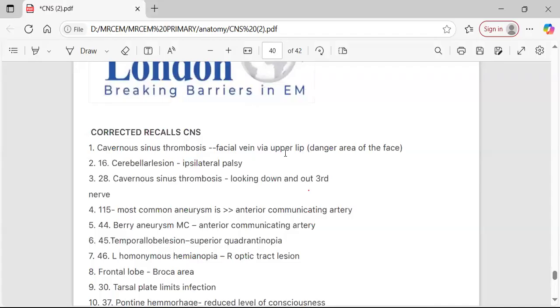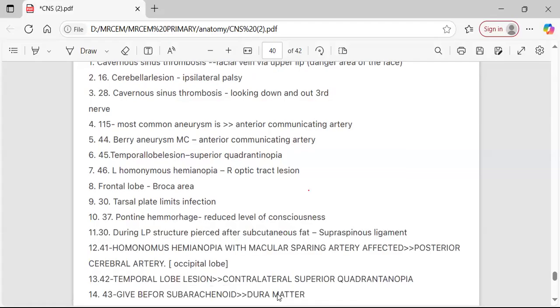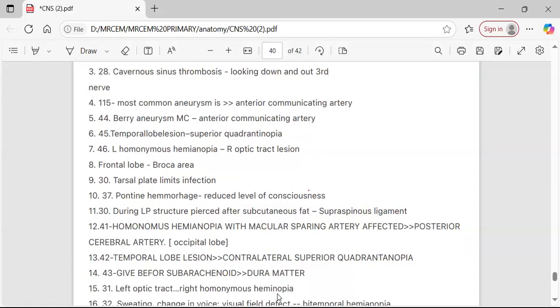Cavernous sinus, facial nerve, upper lip, cerebral lesion, ipsilateral palsy. Anterior communicating artery aneurysm, temporal lobe lesion, superior quadrantanopia. We discussed left homonymous hemianopia, right optic tract. Frontal lobe, Broca's area. Pontine hemorrhage, reduced level of consciousness.